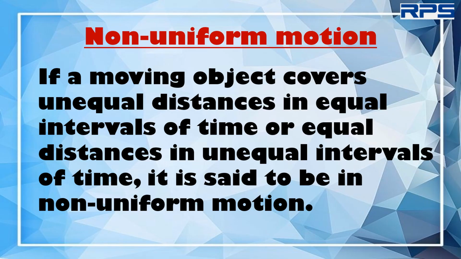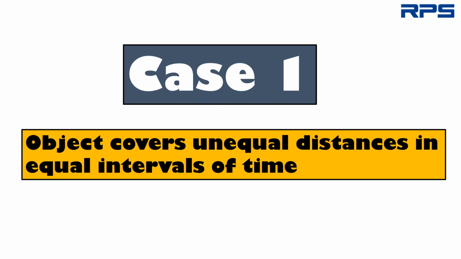If a moving object covers unequal distances in equal intervals of time or equal distances in unequal intervals of time, it is said to be in a non-uniform motion. Let us study non-uniform motion in detail. Case 1. The object covers unequal distances in equal intervals of time.